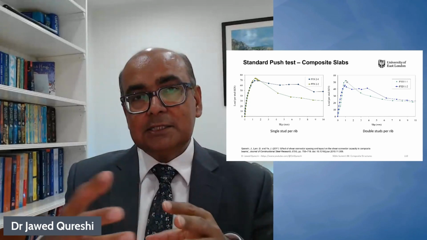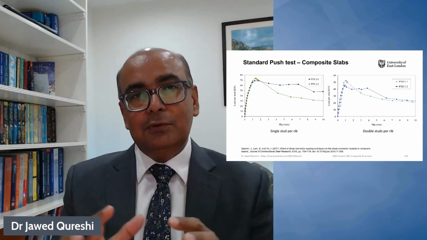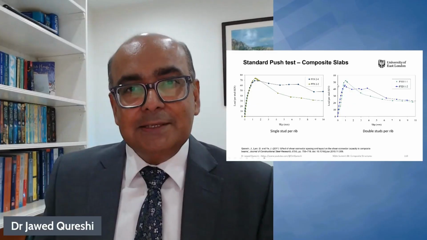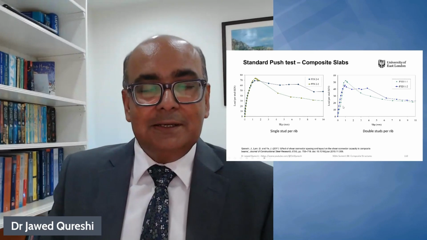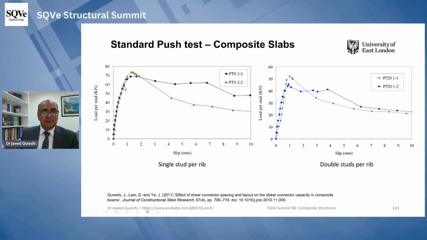So when they are shared, then obviously the size of the cone reduces, unless you have a lot of gap between those studs, which is not possible because the width of the top flange is limited. That's the reason we have less load per stud in case of double studs, about 30% less. In case of single studs, we have more.